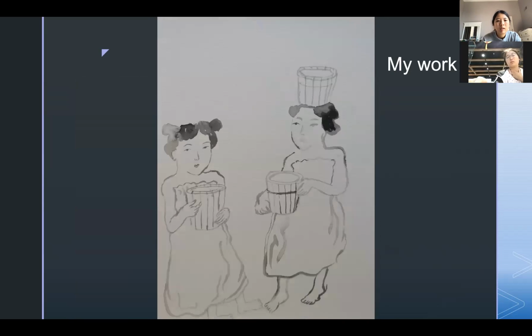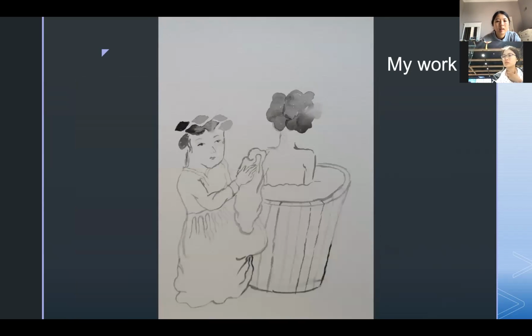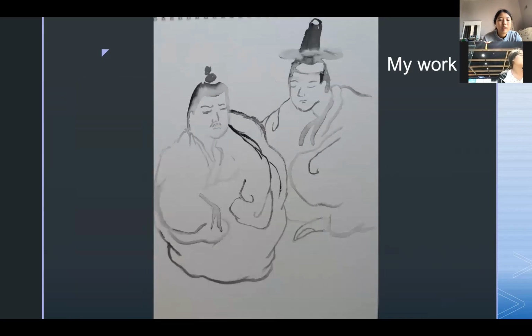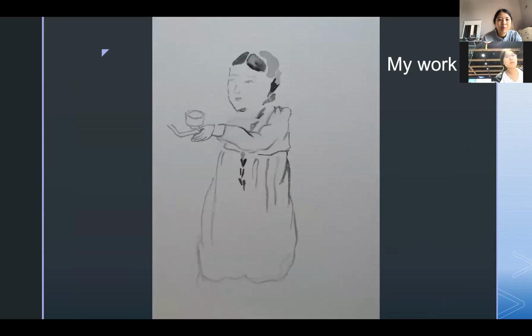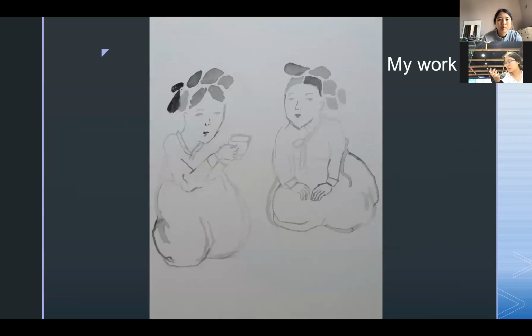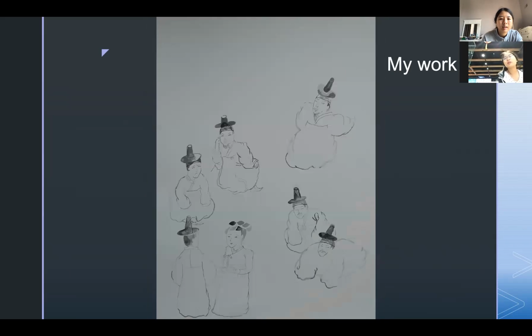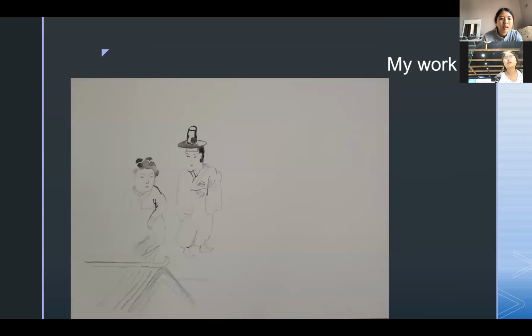And a woman in a bathhouse again. Women serving tea, male scholars, another woman serving tea. So you can see they all have the same themes. And then a couple walking around.